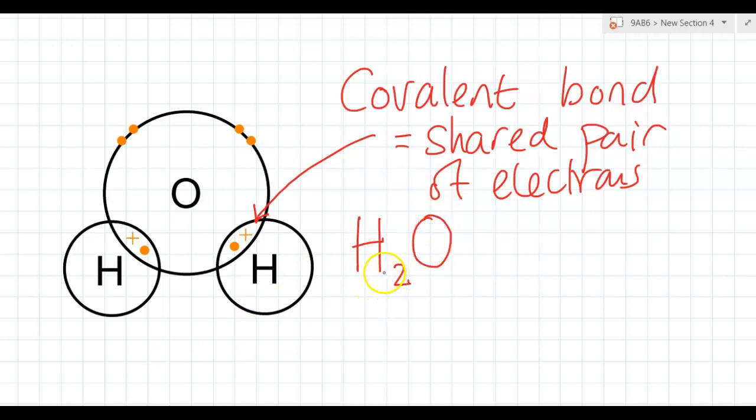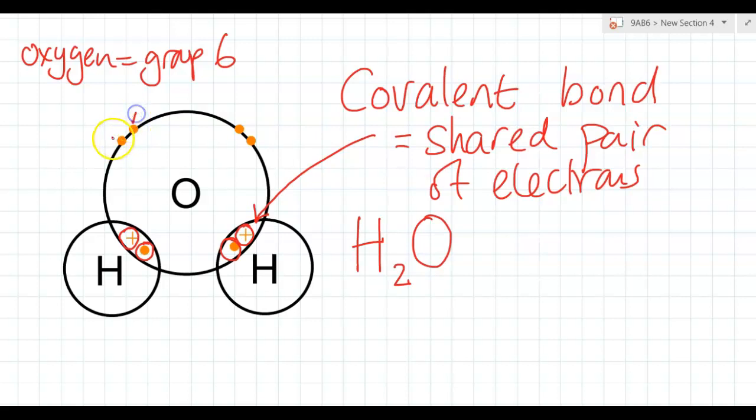We can see in the diagram that the hydrogen, whose electrons are represented by this plus, are sharing their electron with oxygen, whose electrons are represented by these dots, and oxygen, which is in group 6, I can tell it's in group 6 because there's 1, 2, 3, 4, 5, 6 electrons that belong to oxygen. It's in group 6.